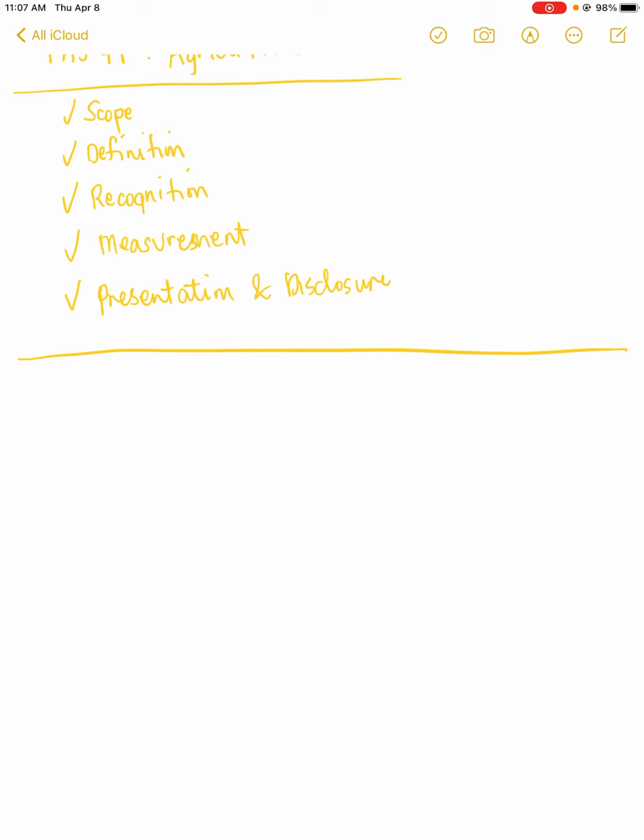So, based on the standard, PAS 41 applies to the following. Number 1, we have of course our biological assets, except bearer plants.